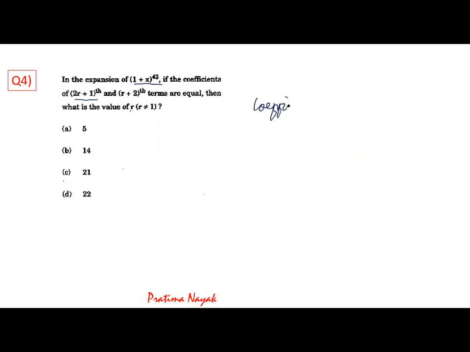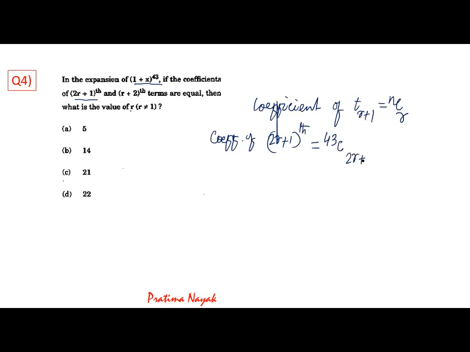Let me write the formula first, the shortcut formula. Coefficient of the (r plus 1)th term is equal to nCr. So the coefficient of the (2r plus 1)th term is equal to 43 combination (2r plus 1 minus 1), that will be 43C2r.